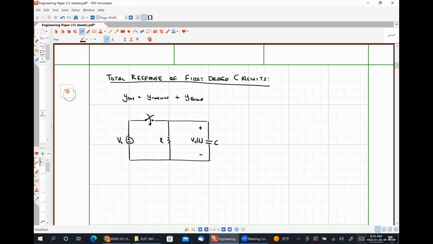And for this circuit, instead of opening up, our switch is going to be closing at t equals 0.